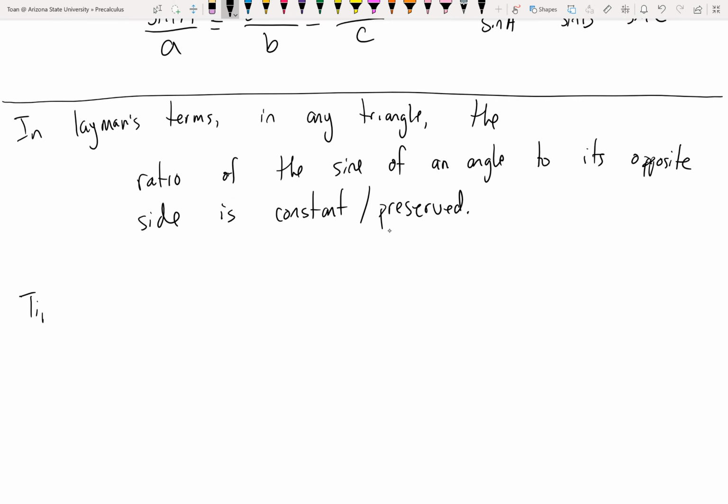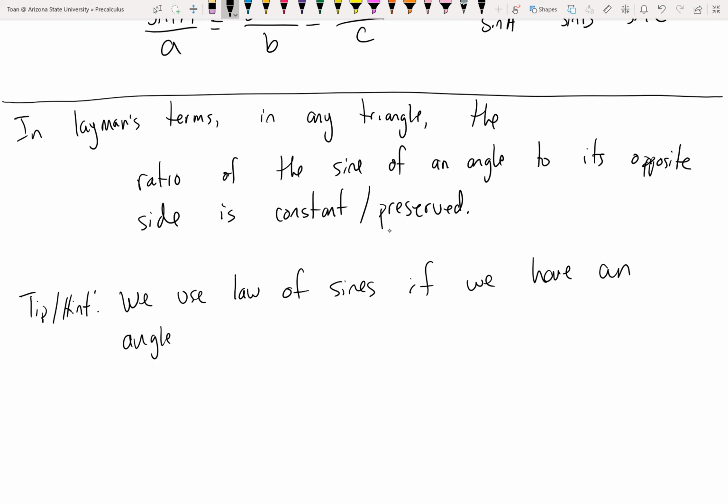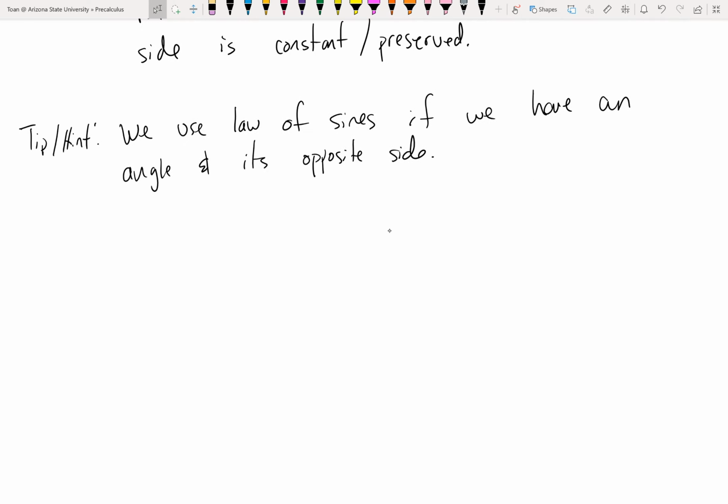So my little tip or hint: we typically use law of sines if we have an angle and its opposite side. If you have an angle opposite side pair, that is usually the dead giveaway that says, you know what, this is a law of sines problem, right?